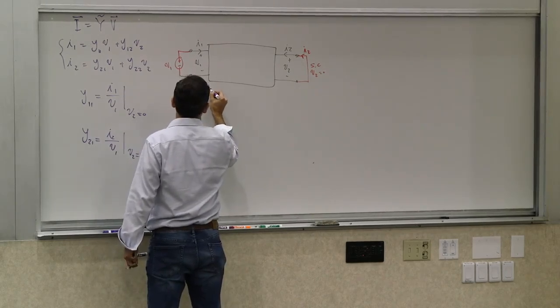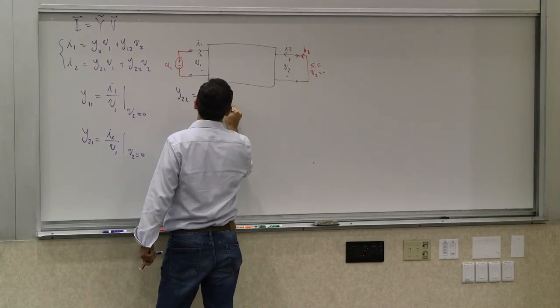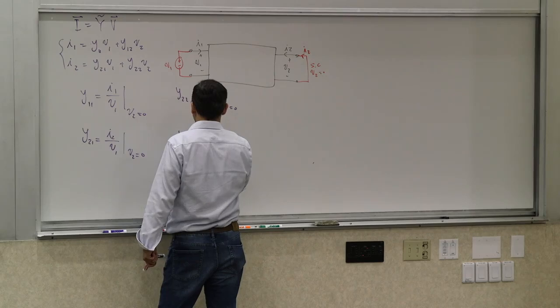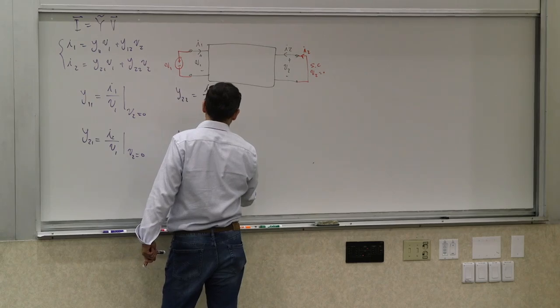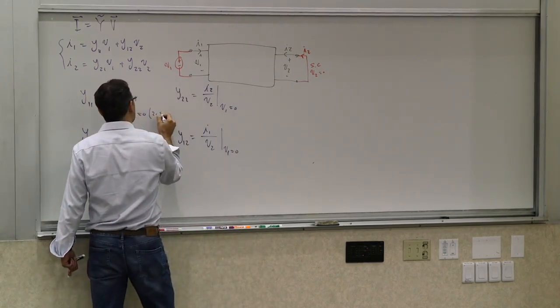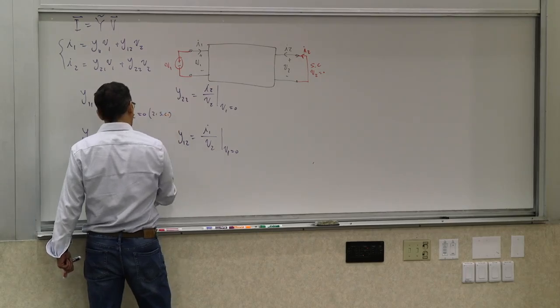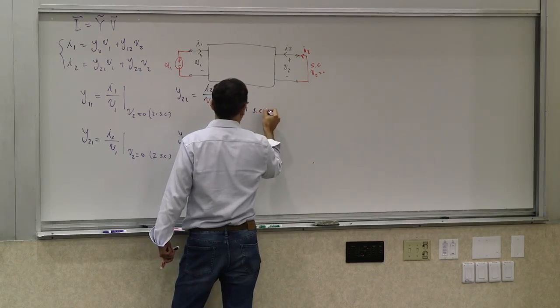And similarly, if you want to look at Y22 and Y12: Y22 would be I2 over V2 when V1 is 0, and Y12 would be I1 over V2 when V1 is 0, which means port 1 is short-circuited.